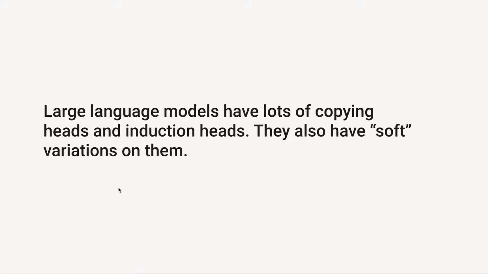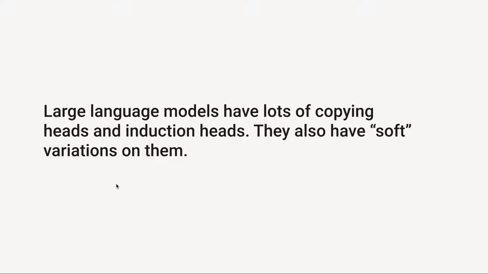But the really interesting thing is, in addition to these very strict, straightforward copying and induction heads, there seem to be a large number of what you might call soft versions of them. Different variations that are in some sense doing copying or induction, but not literally copying tokens.